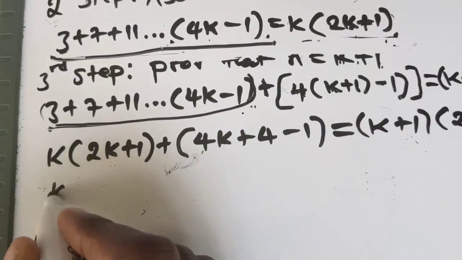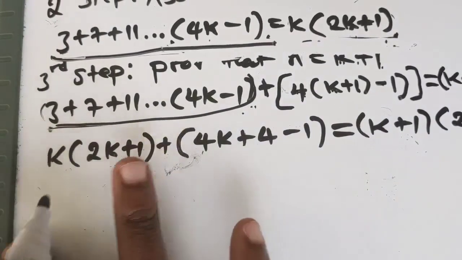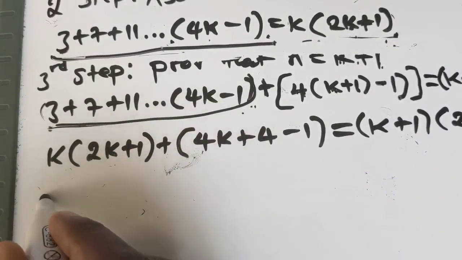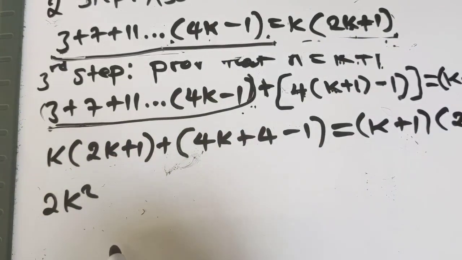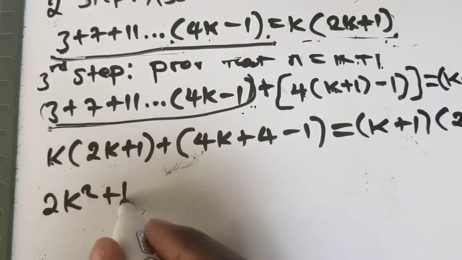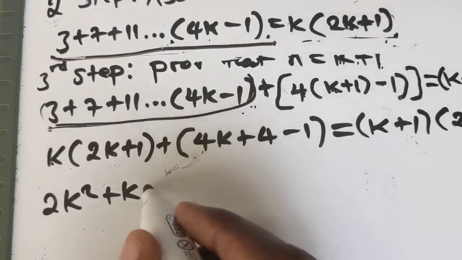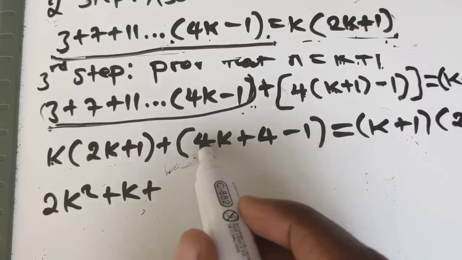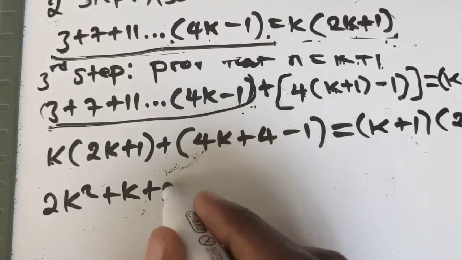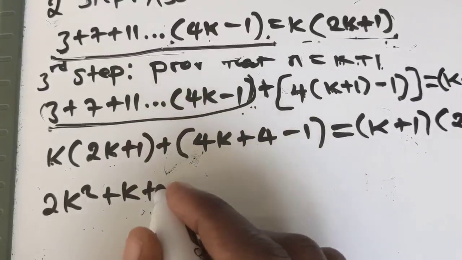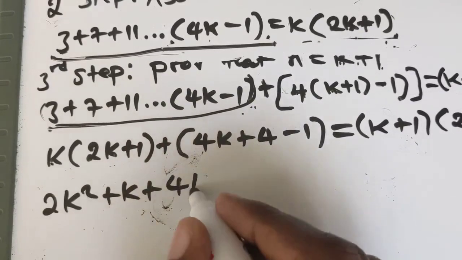So we have k, so we can actually multiply k times 2k. That is what? That is 2k squared. Okay, then k times 1, that is what? That is k, like that. Then there is plus. All right, this is actually 4k.